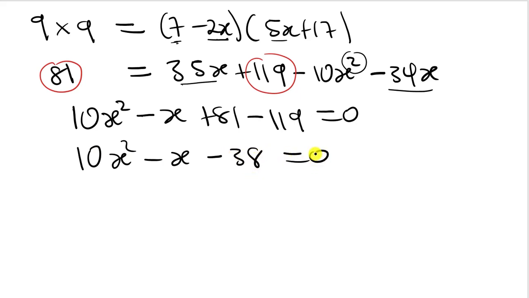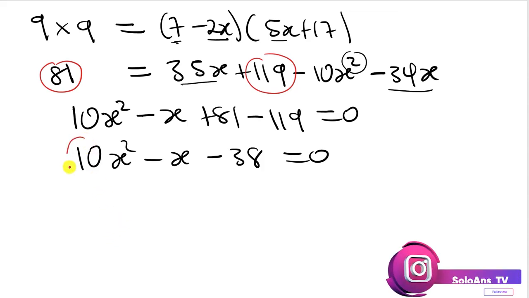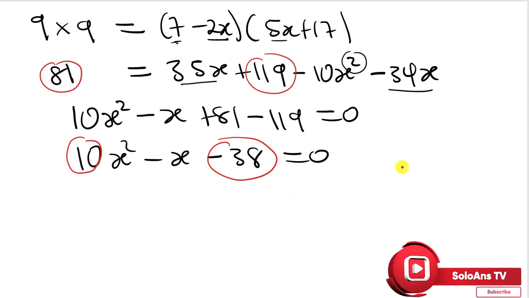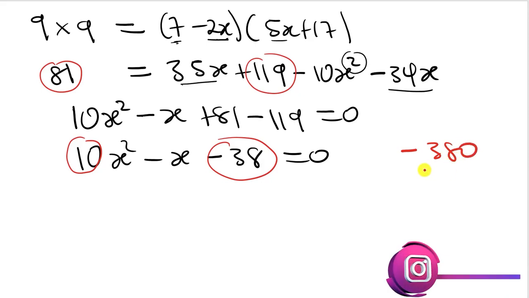All right. So now we are having a quadratic equation here. Now let's factorize. We take the coefficient of x squared, that is 10, and we use that to multiply the constant term. And this indeed is going to give us minus 380. So we look for two numbers which when we multiply, we get minus 380, but when we add, we get the coefficient of x.